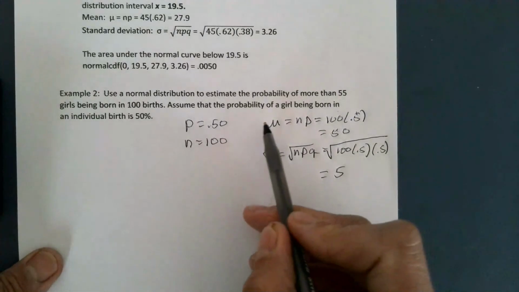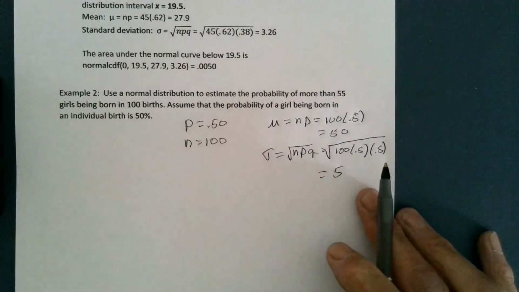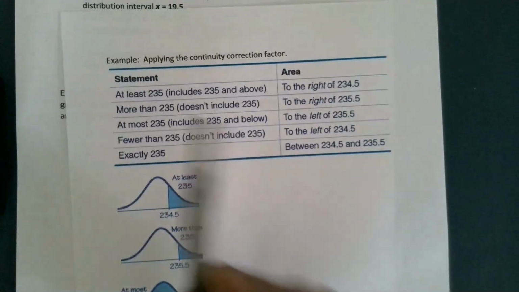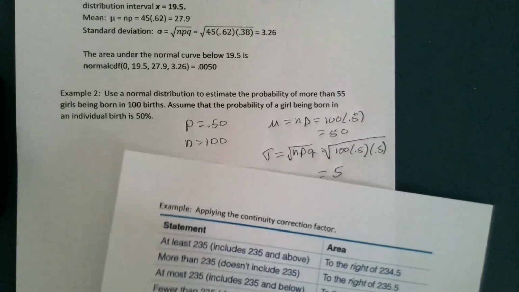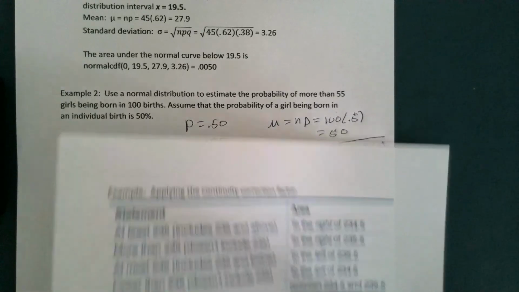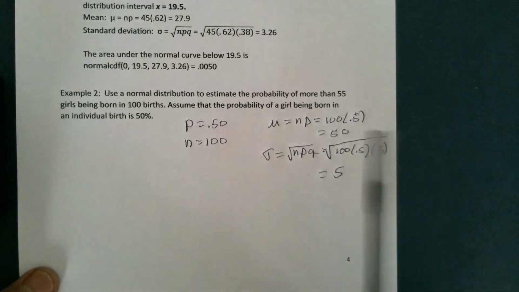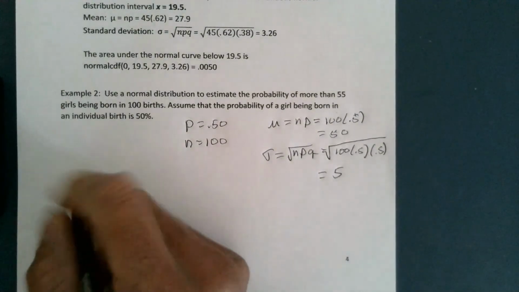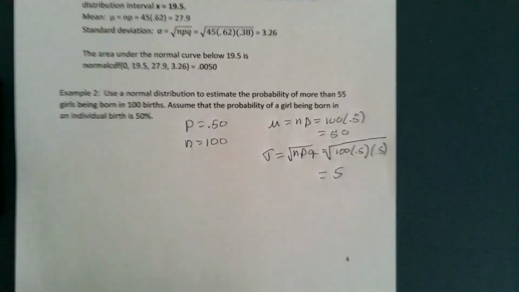So we want the probability of more than 55. Okay, more than some number does not include that number. So more than 55 would be 56 or more. So if using the normal distribution, we'd want to begin at 55.5. So we can write it like this.